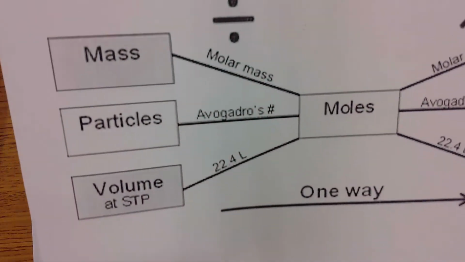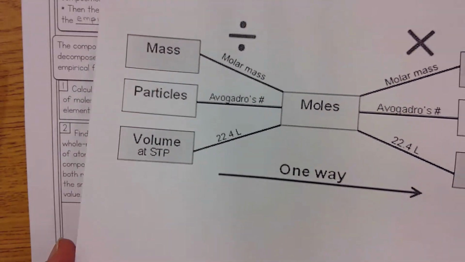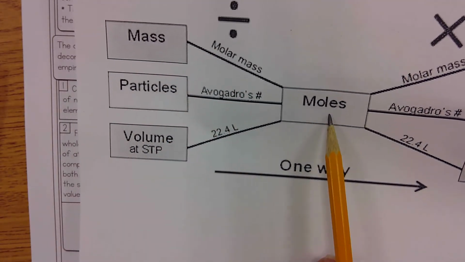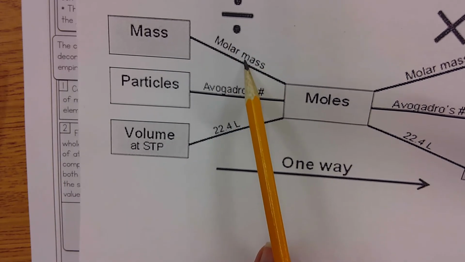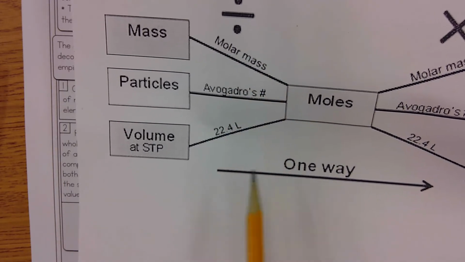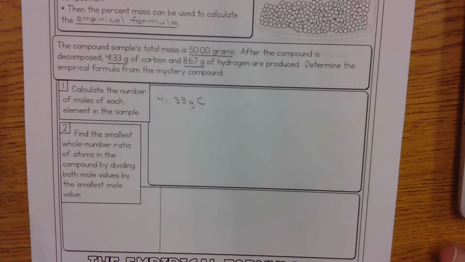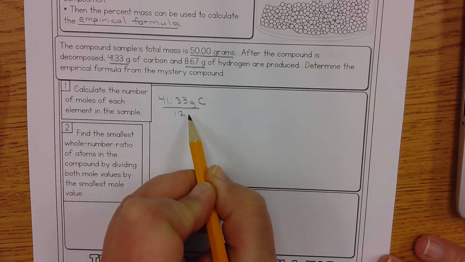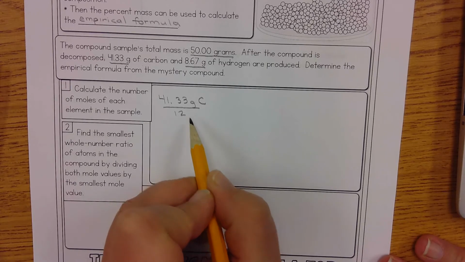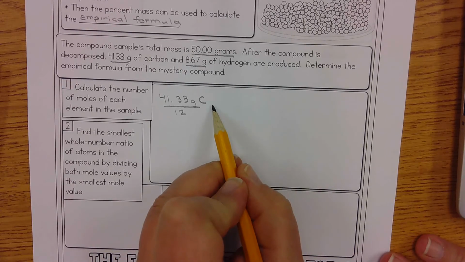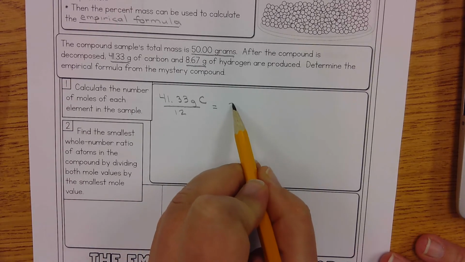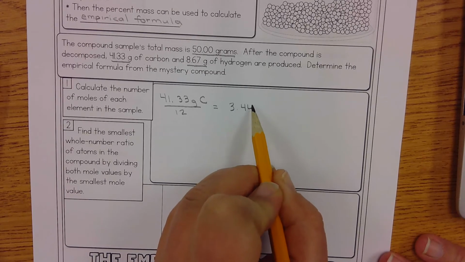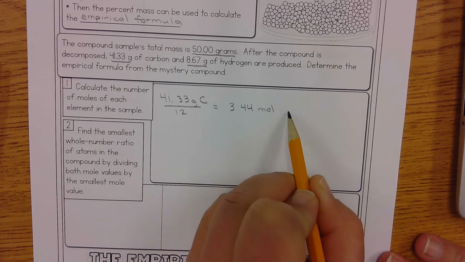We pull out this handy dandy sheet here. I know the mass. I want to get to moles, so I divide by the molar mass from my periodic table. So divided by 12 from the periodic table. When I do that, I get 3.44 moles of carbon.